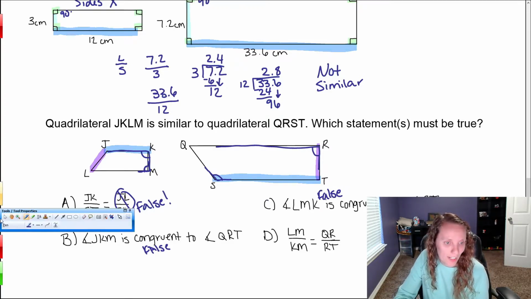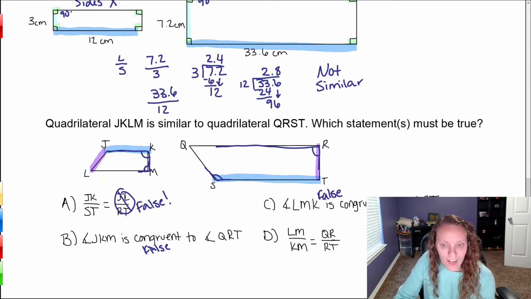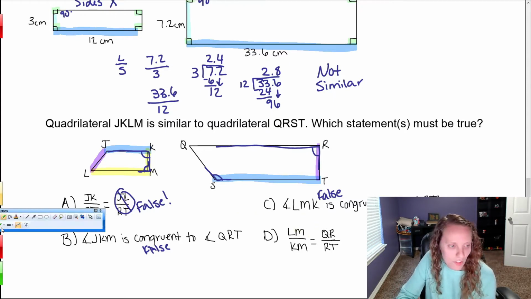So we're going to try it out. I'm going to get different highlighters. Alright, LM is located at the bottom, and KM. So if you notice, I just highlighted two sides that are in the same shape. So this part works out pretty good. So now we got to see, is LM in the same position as QR?